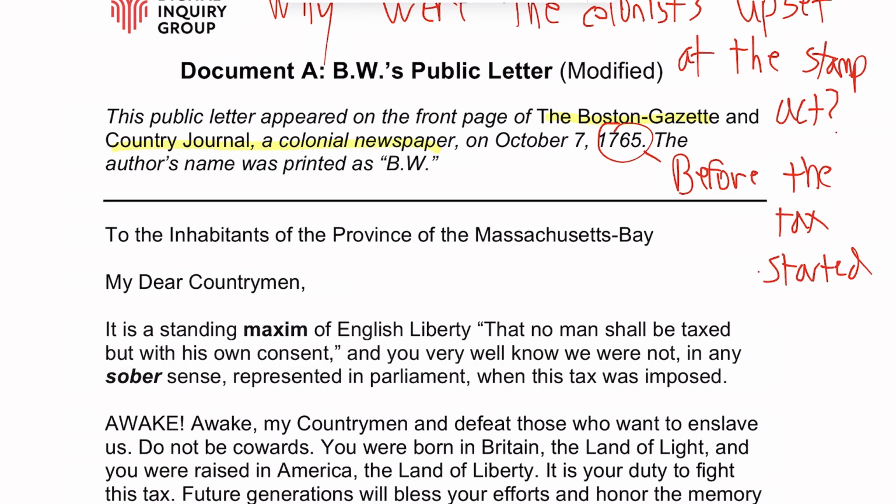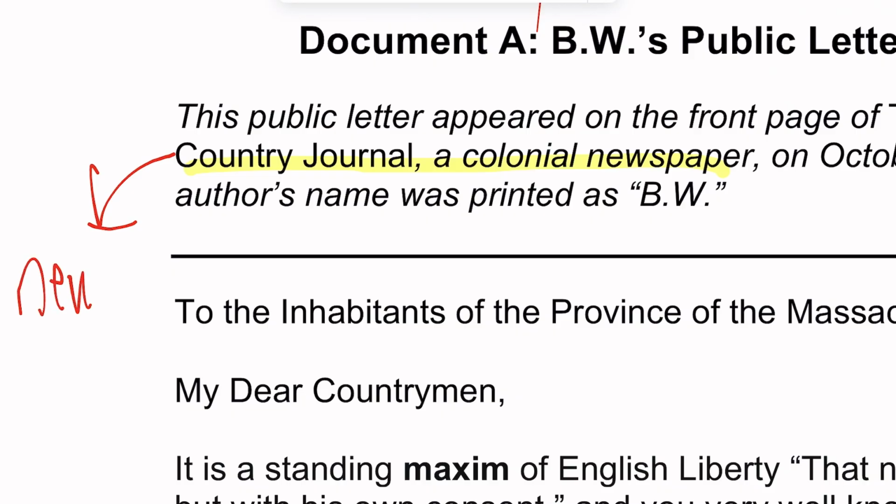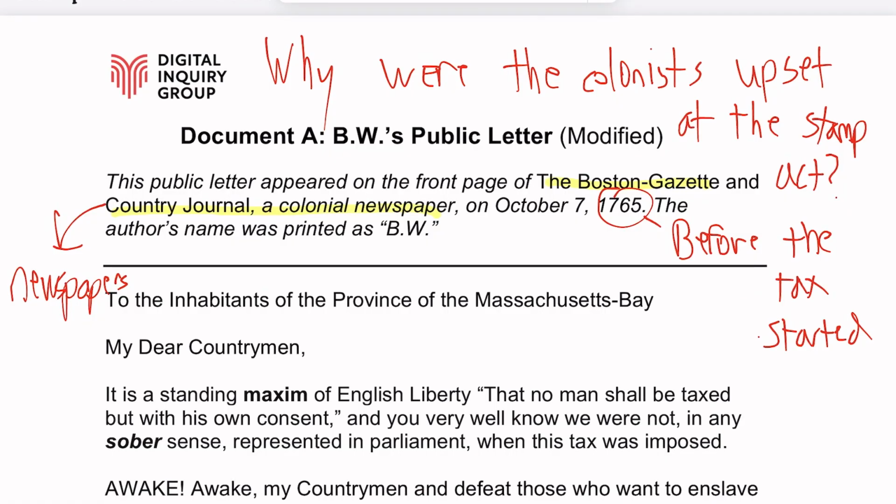Something else I'm noticing, looking at the two things I've highlighted, I see two newspapers. Generally, I would say newspapers are what we consider reliable, meaning they are going to publish information that is factually true or has been vetted or analyzed by the newspaper itself. So typically newspapers we can see as a reliable source. Not always, but typically.